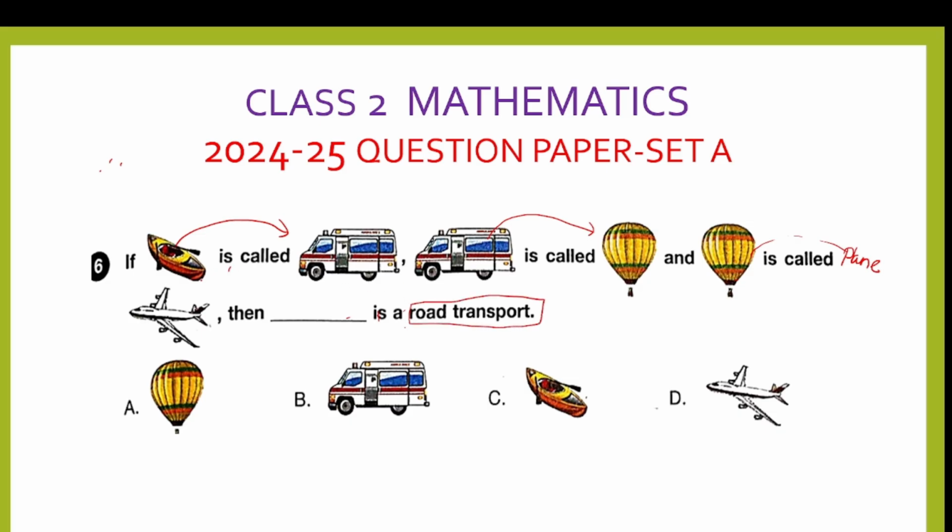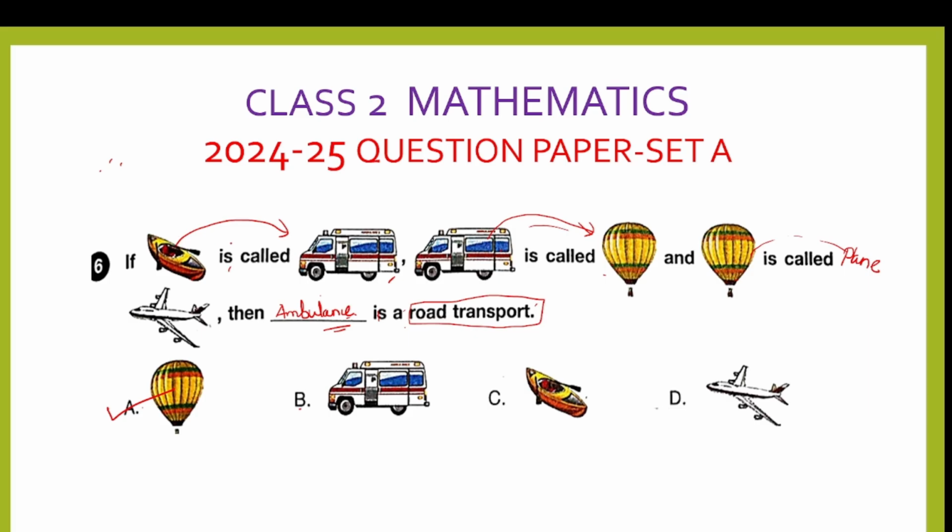Here boat is a water transport, and ambulance is a road transport. So we cannot choose ambulance directly as our answer, because we are given the condition that ambulance is called hot air balloon. Means that here the hot air balloon is the road transport for this question. Therefore the answer for this question is option A.